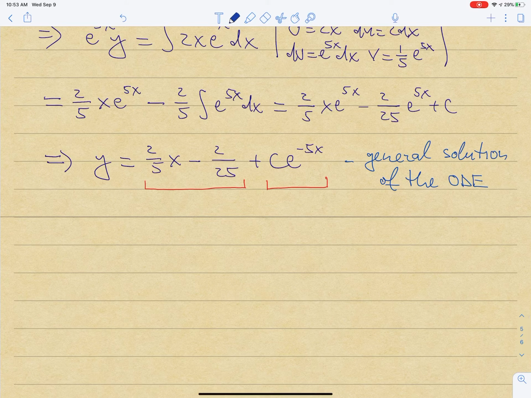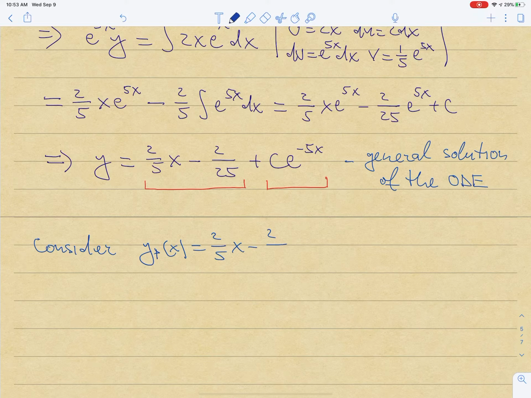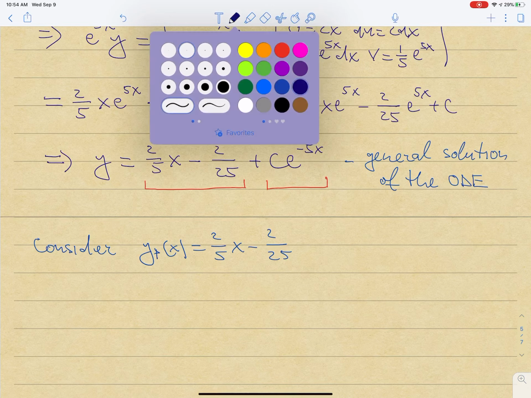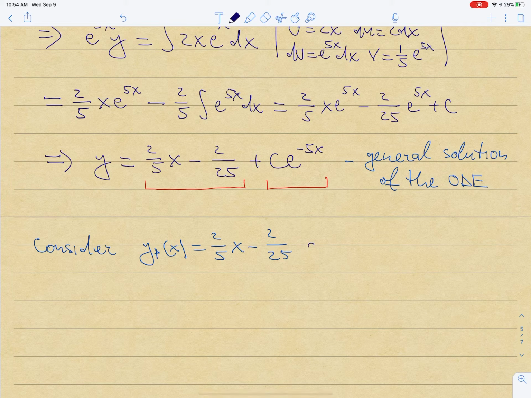I'm going to consider two functions. I'm going to call one of them yp of x equal to 2/5 x minus 2/25, and the second one yh of x to be c e to the minus 5x.